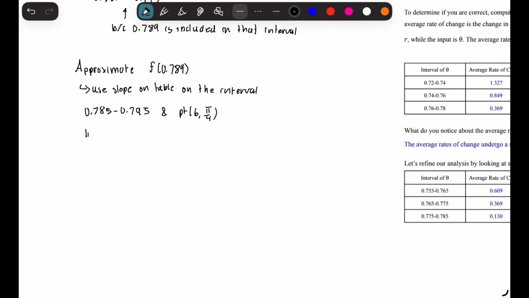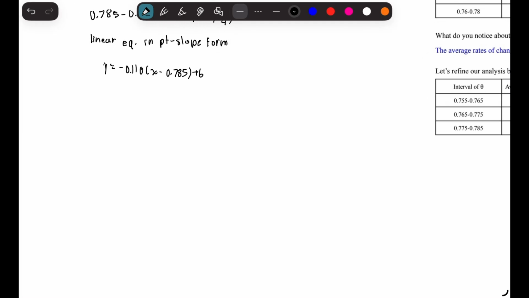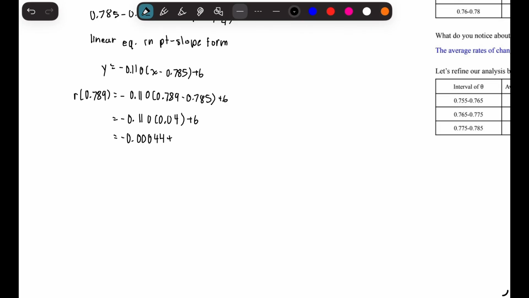We can write our linear equation in point slope form, and that's going to look like y equals negative 0.0x minus 0.785, and then if you substitute in, you have r of 0.789 equals negative 0.00044 plus 6, that's approximately 5.996.